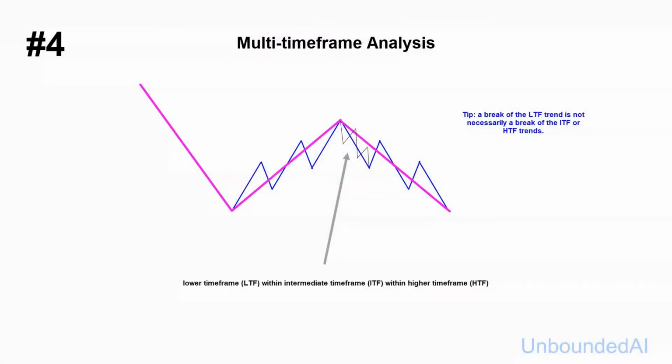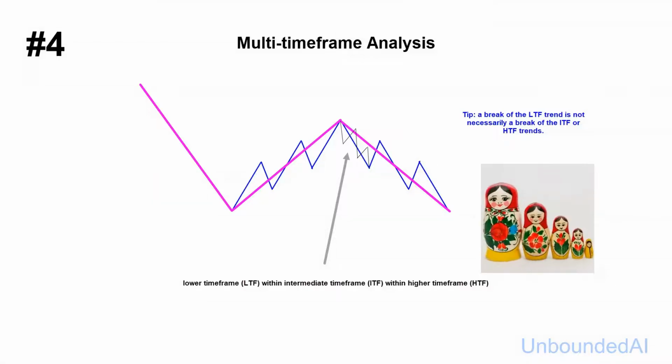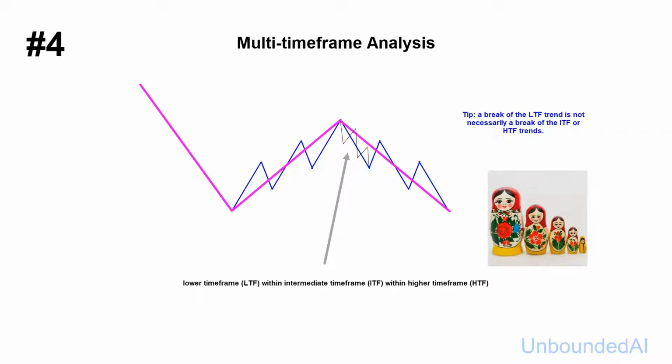I favor the multi-time frame approach that has you enter in the direction of the higher time frame trend when an intermediate time frame retracement reaches a key area, and then you use your lower time frame chart to refine and trigger your entry. In this way, I am trading consistent with the higher time frame trend, which means I'm trading in the same direction as the dominant institutional traders.